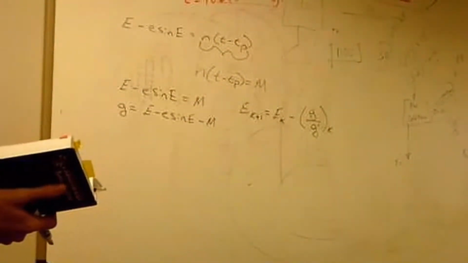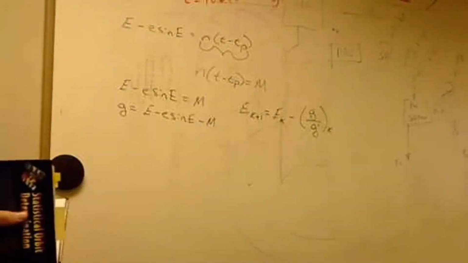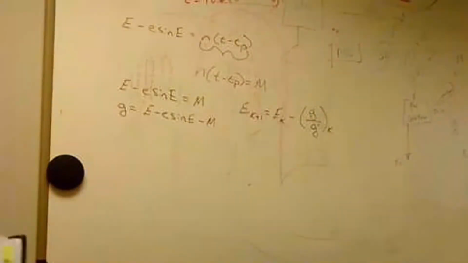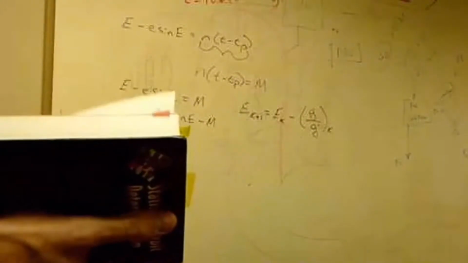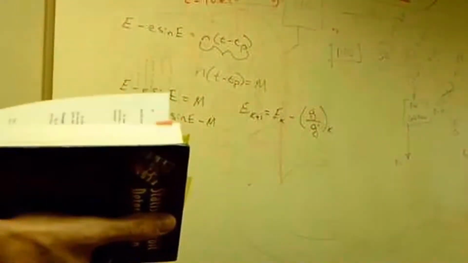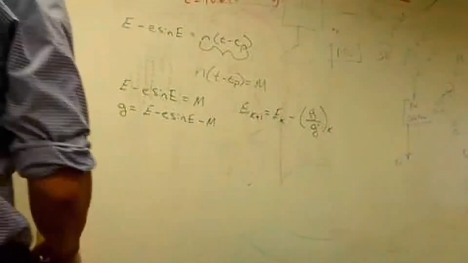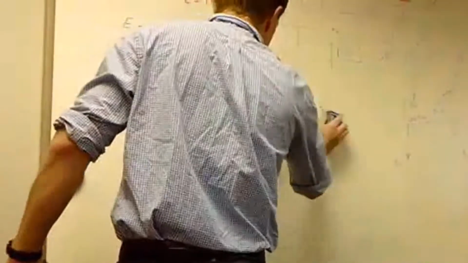Okay, so moving on, let's see, what was our next one? We did planar motion, basic coordinates, the orbital elements and the position and velocity. Okay, great.